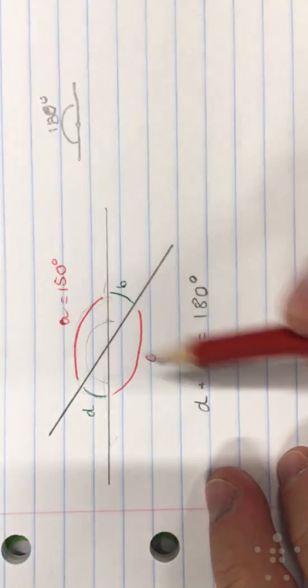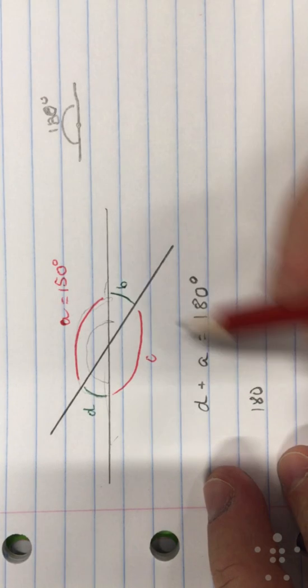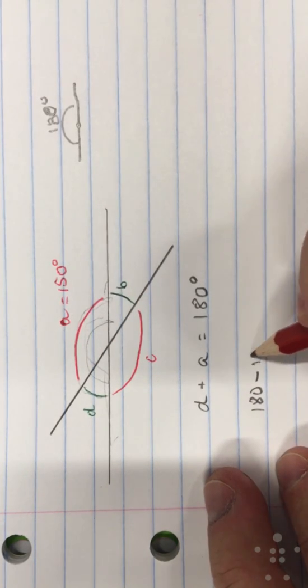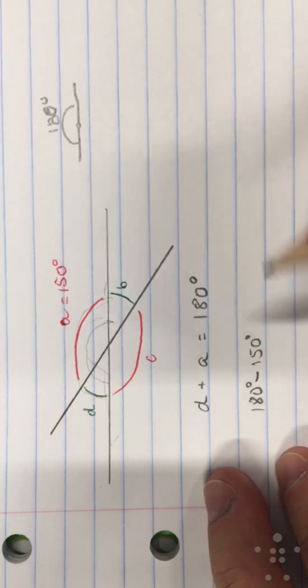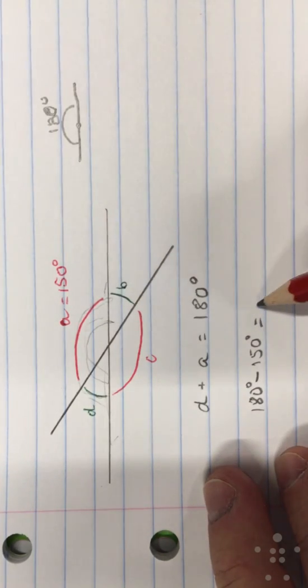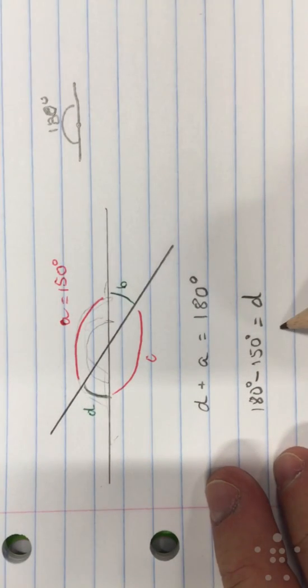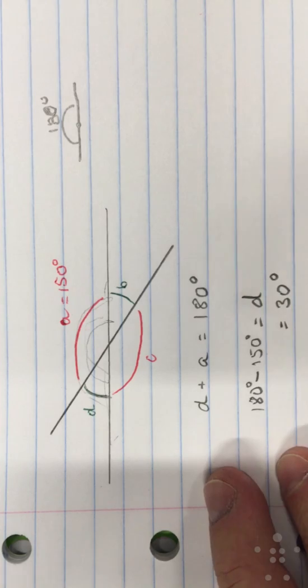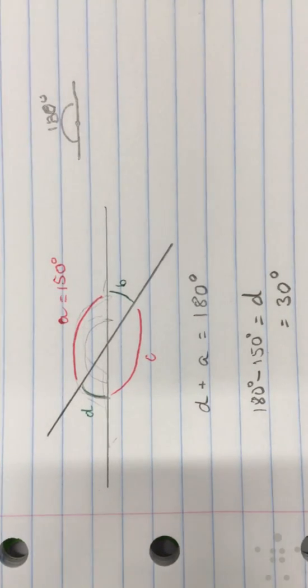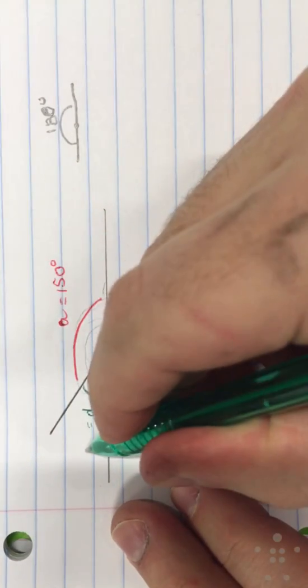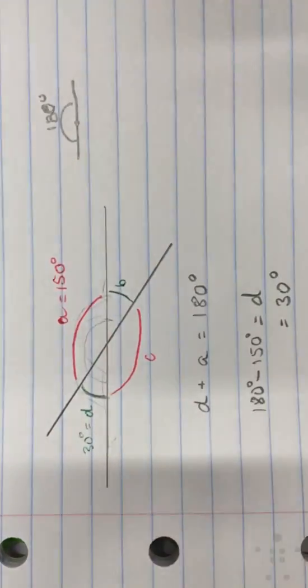We know that if we have 180 there, and we take off 150, then we're left with D. That'll tell us what D is, what's left over here, which of course is 30 degrees. Because 180 minus, or take away, 150 is 30 degrees. Now we know that D equals 30, so we'll write 30 degrees is D.